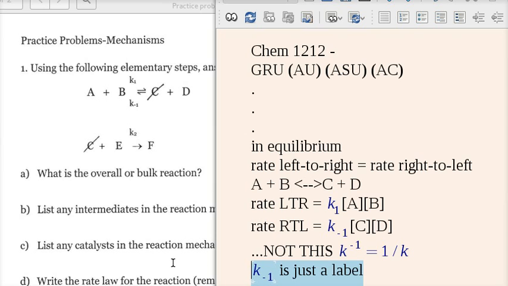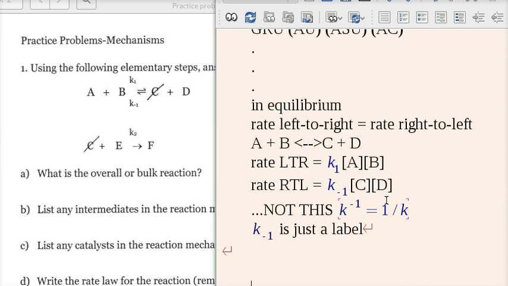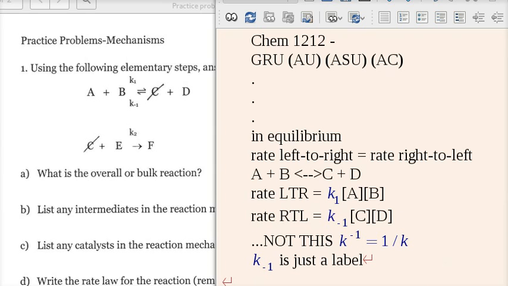So we have these two rate laws that we've just written down for the same reaction in both directions. And it turns out you can actually set these equal to each other.